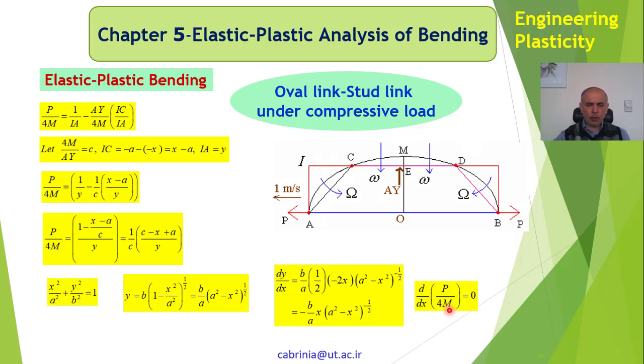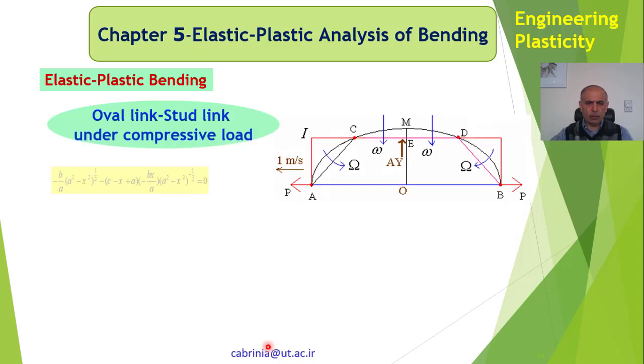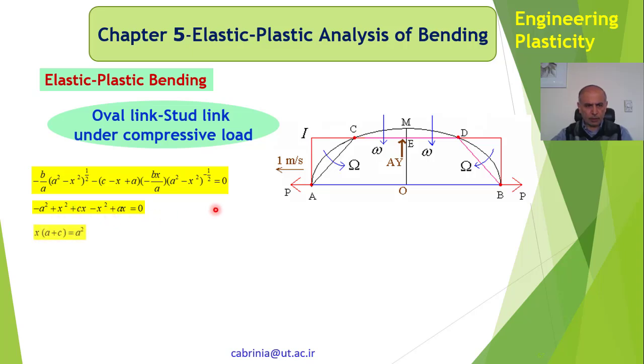So that's what we want, equal to 0, and you get this equal to 0. So we use the ellipse relationship to get this, and therefore that is our equation, and we can get x from there.